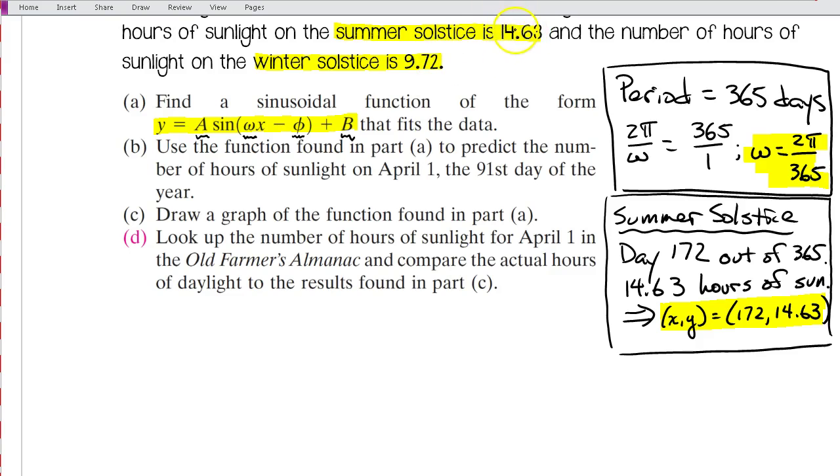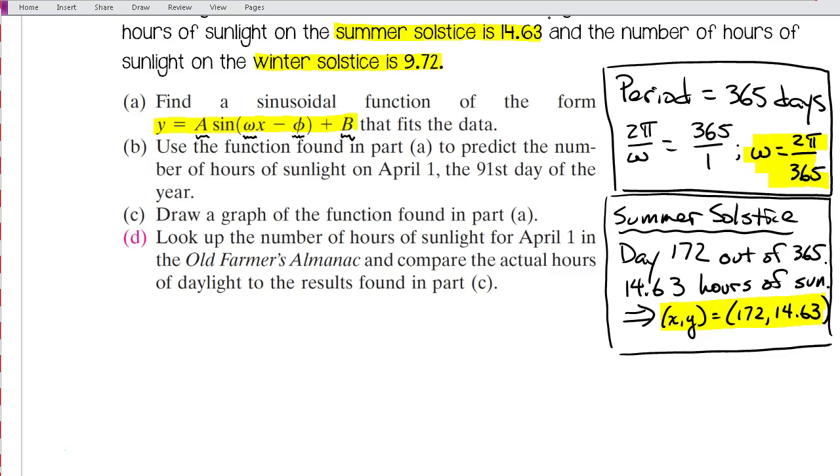So one would be, say, 10 and the other would be negative 10, but in the context of our problem that doesn't really make sense because we can't have a negative number of hours of sunlight. So this whole thing has been shifted up, and from these two values we can find our vertical shift, and we can also find our amplitude.